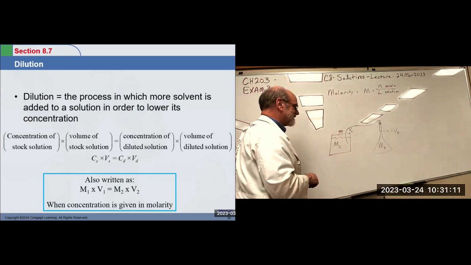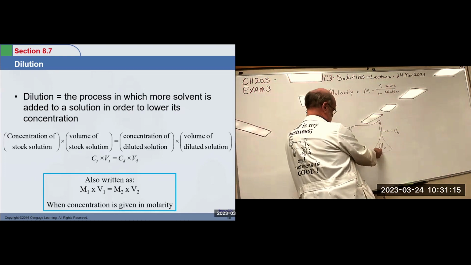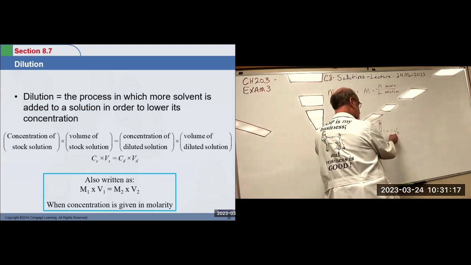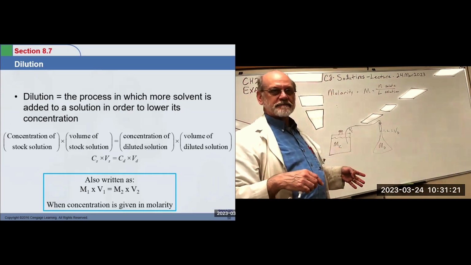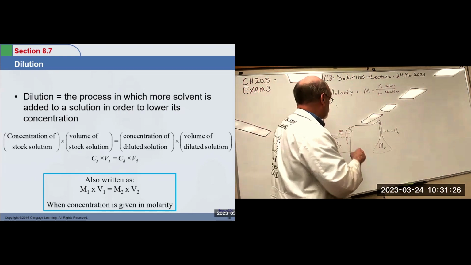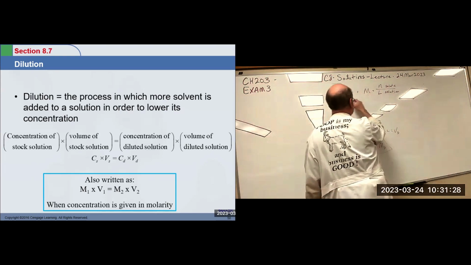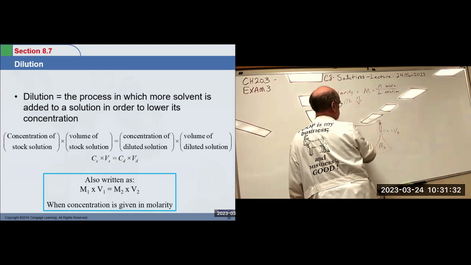Now, these two values are different. What do they both have in common? When you take this volume out of here, look at this. Molarity equals moles per unit volume.